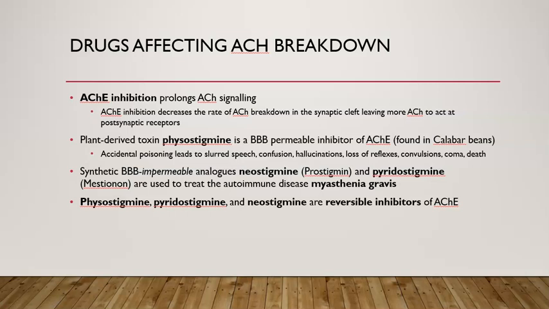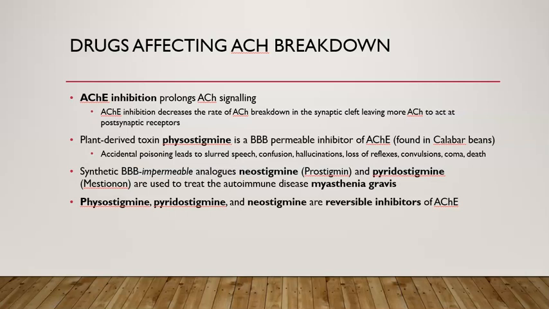By allowing acetylcholine to be in the synapse longer, we're allowing it to bind to the postsynaptic cell receptors longer, hopefully increasing the effects of it. Okay, so that's why you might use an acetylcholine esterase inhibition drug.